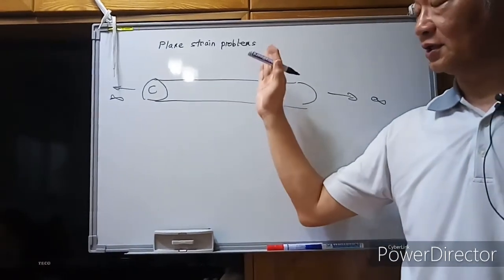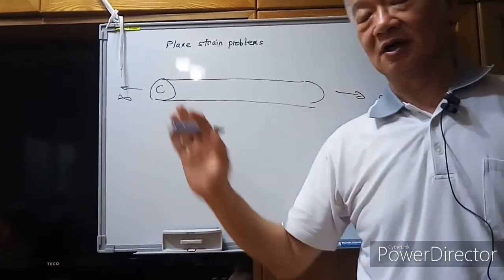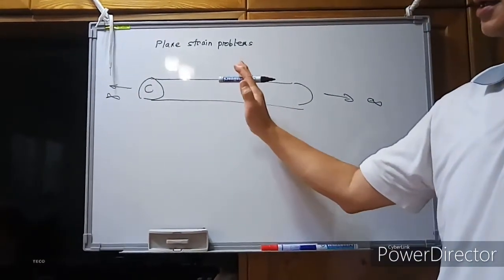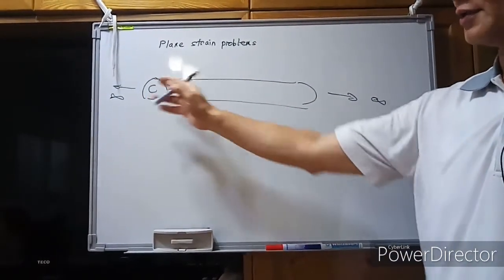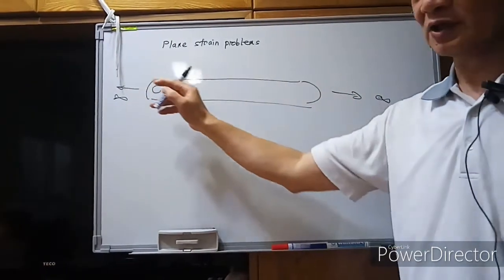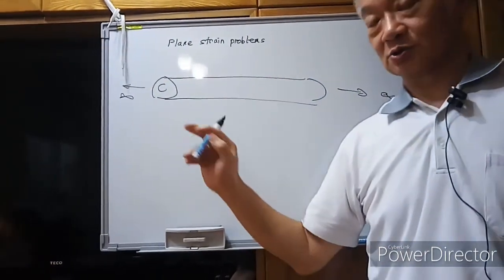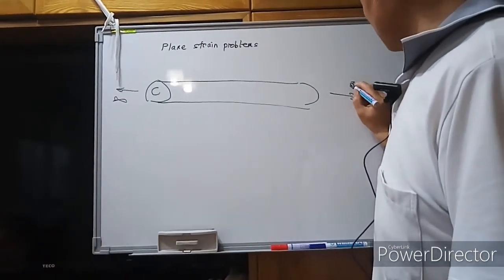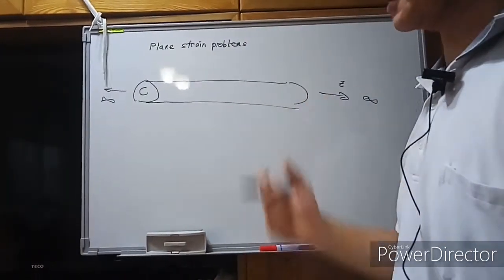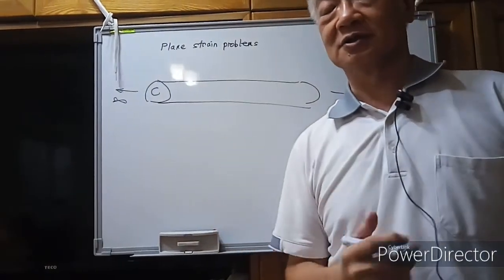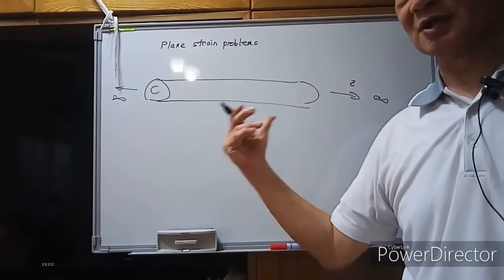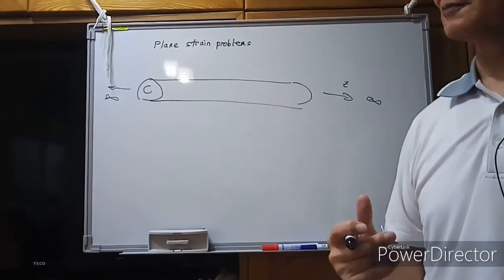Compared to the dimensions on the cut sections, the dimension along one of the axial directions is close to infinity. Usually we will say that's the z direction. The z direction is the direction in which we have the dimension close to infinity.